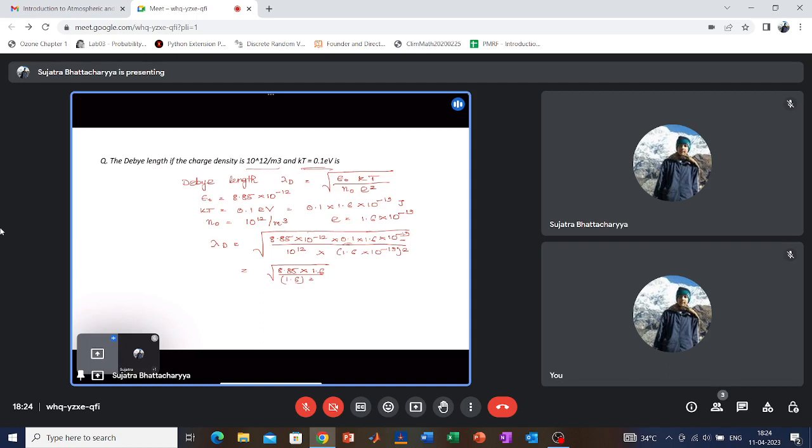So 38 will come over here, so it will be 10 to the power 6. Right? Let me write it properly, it will be helpful to understand. So if you do it, 1.6 chops out, so it becomes 8.85 divided by 1.6 into root over 10 to the power 6.